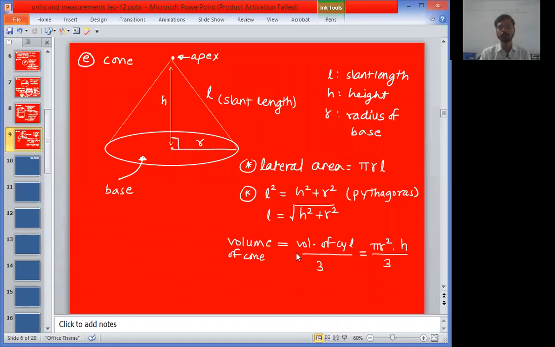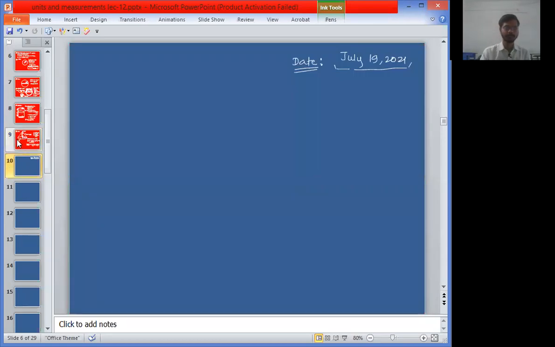Volume of the cone is volume of the cylinder upon 3. What is the volume of the cylinder formula? Pi r square h, area of base into height. If you divide it by 3, you will get the formula for volume of a cone. Up to this we have covered.